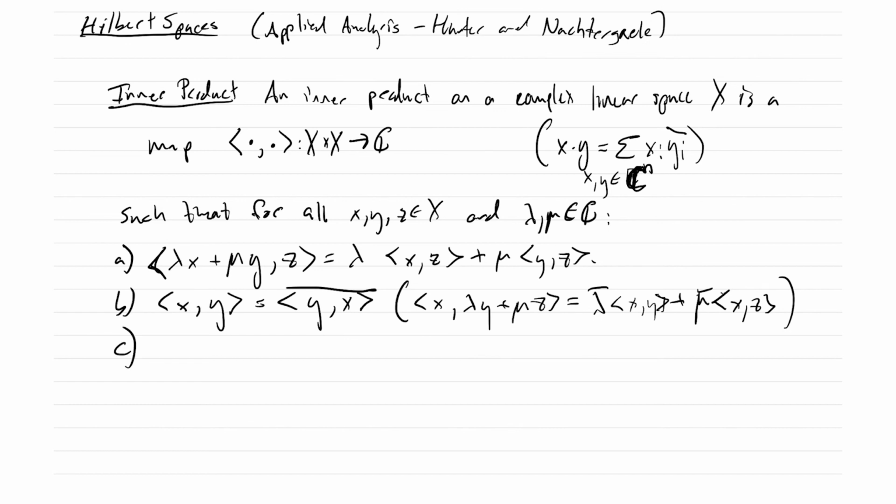Okay, what else do we know? Well, x inner product with itself should be bigger than or equal to 0. And this is going to be essential for establishing a norm. And the last one is we're going to demand that the inner product of x with itself is 0 if and only if x is equal to 0.